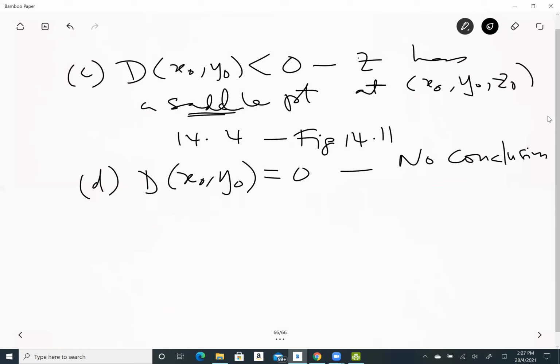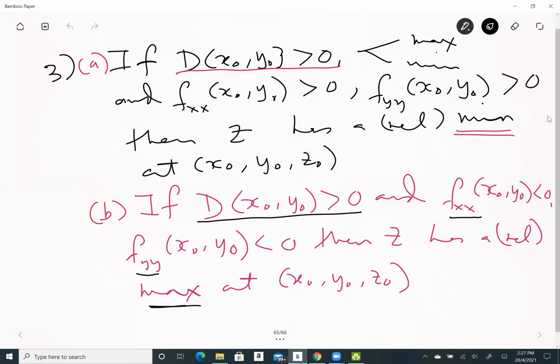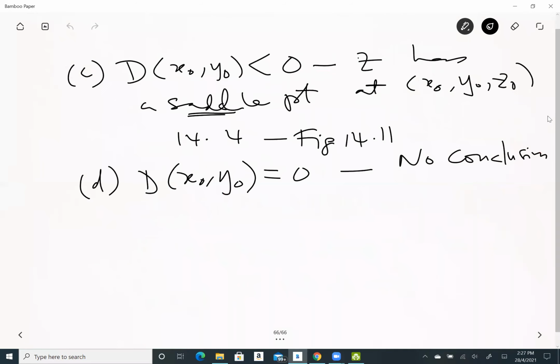Now, the first two are the most important, because you need to know whether you have a maximum or minimum. Now, if D is less than 0 or D equals 0, we stop here. You don't have to determine whether fxx, fyy, whatever the value is.